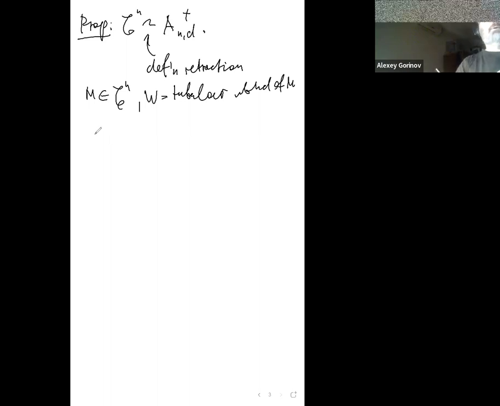Okay, so we use the same idea as on the previous page.